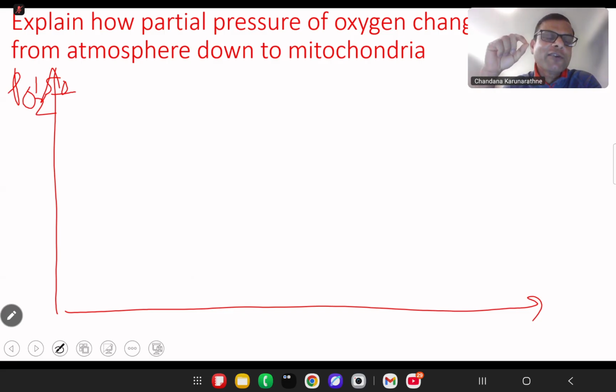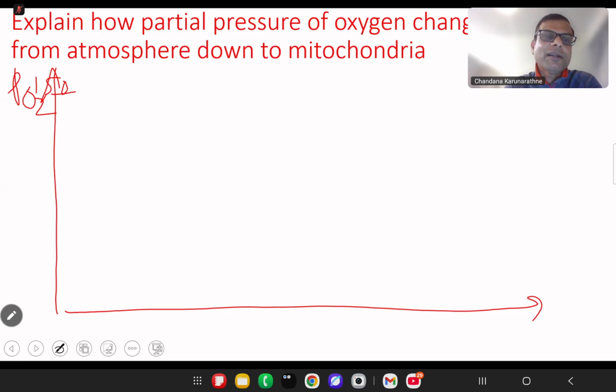When you start, you can say, according to Dalton's law of partial pressure, we have to have only dry gases. It does not apply to vapors. It applies only to dry gas. Ideal gases are dry gases. So we have to make sure that you only consider ideal gas when you do this calculation. You can mention those words: according to Dalton law of partial pressure, you can apply this to dry gases. So we have to subtract the water vapor content.